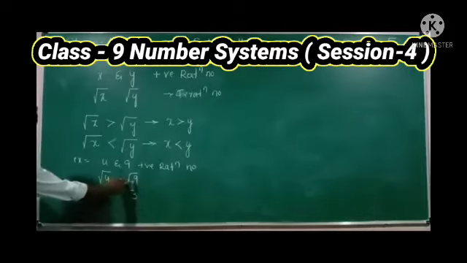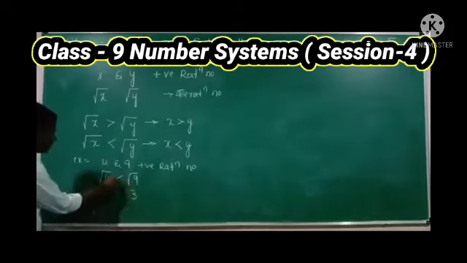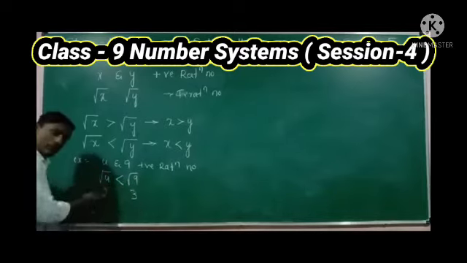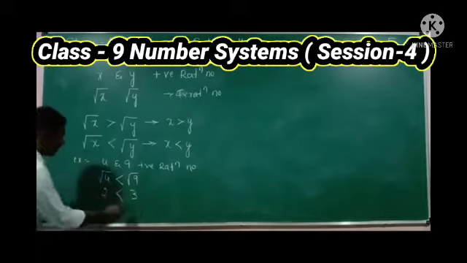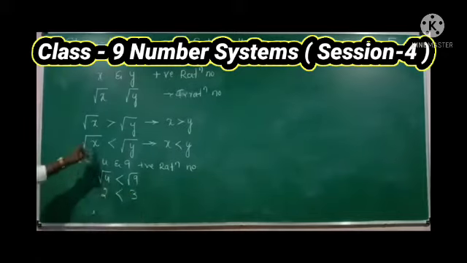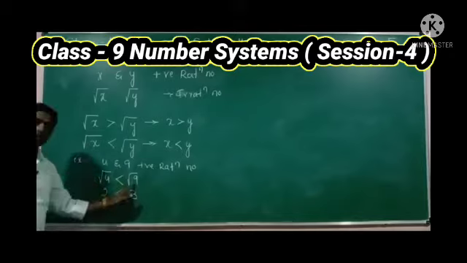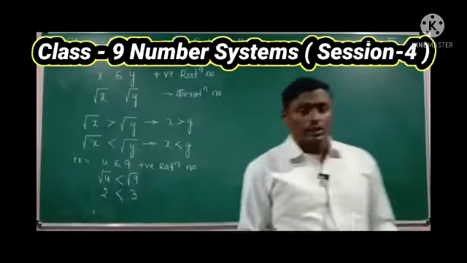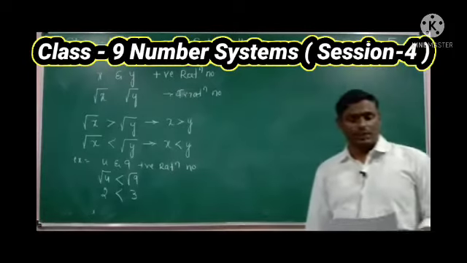So the square root of 9 is greater than the square root of 4, that is, 3 is greater than 2. It means root 4 is less than root 9.